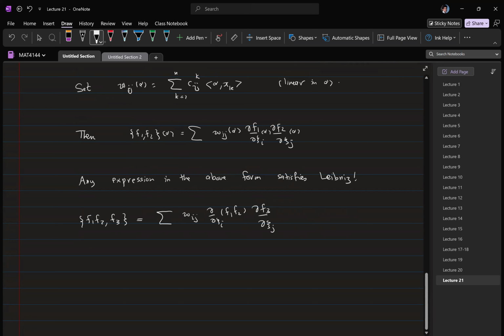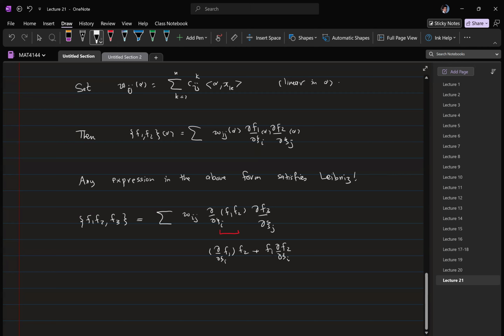Okay. I mean, I just suppress all the alphas, and then I note that this is just, by the usual Leibniz rule from calculus, d dxi F1, F2 plus F1 d dxi F2.